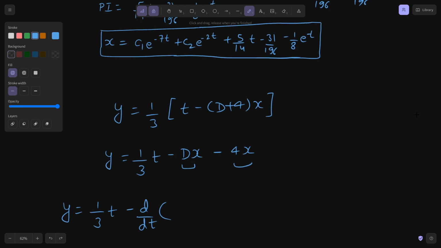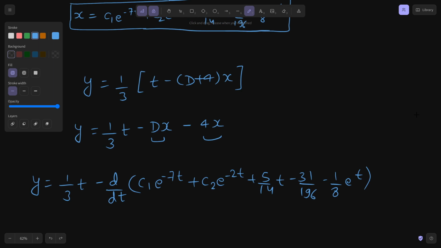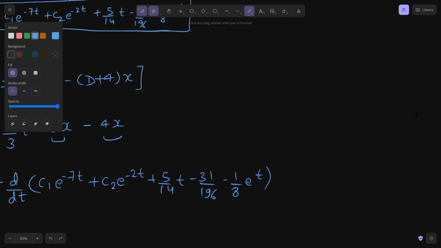I will have to write the complete x here, which is c1 e power minus 7t plus c2 e power minus 2t plus 5 by 14t minus 31 by 196 minus 1 by 8 e power t. It's lengthy. And minus 4 times this x, so just multiply minus 4 by this in every term, so that we don't need to do it again and again.